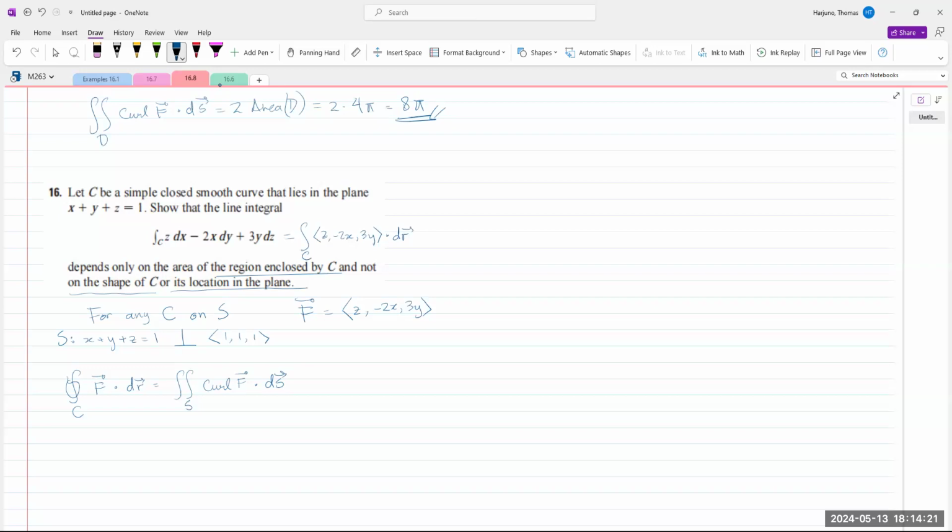Okay, so what is the curl of vector field F? Three, 1, negative 2. I hope I get it right.